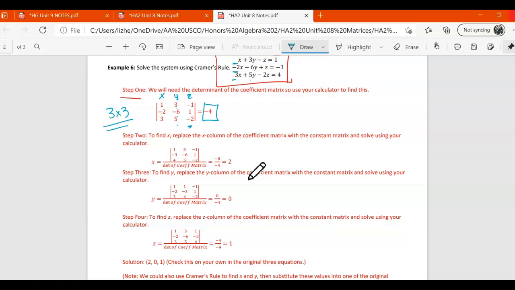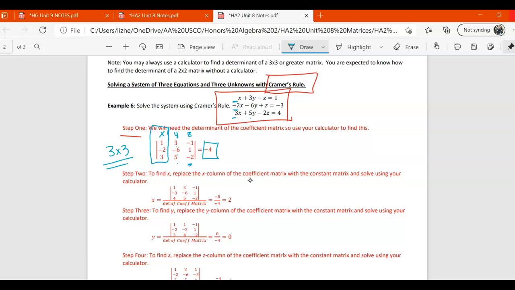To find x, you will replace the x column of the coefficient matrix with the constant matrix and solve using your calculator. So to solve for x, we don't write the x coefficients.